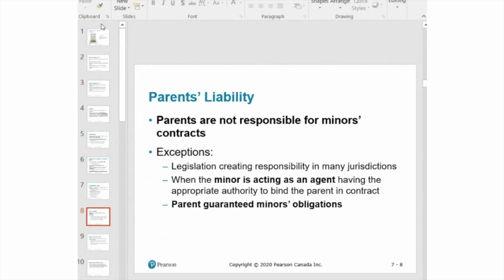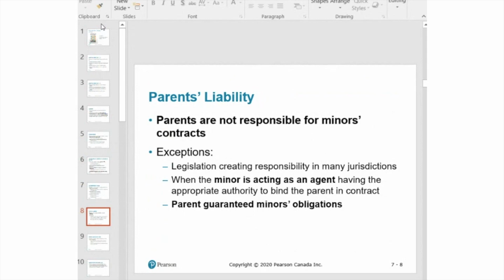So I tell the minor, hey, go home, come back here with your parents. I need them to sign the agreement with you. Legally speaking, I'm having the parents liable for that contract in case the minor does not comply with their obligations.